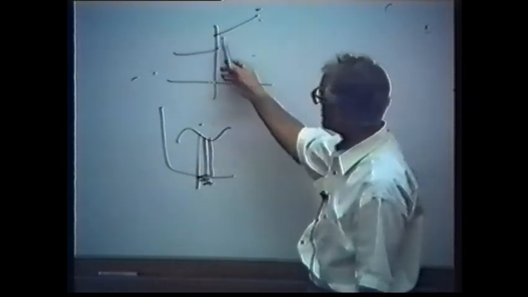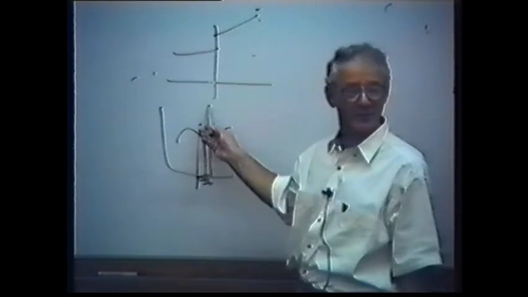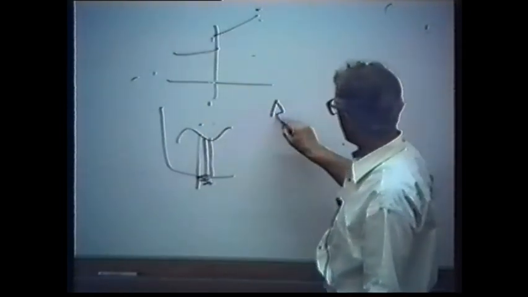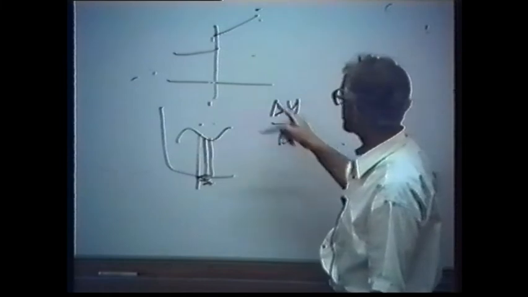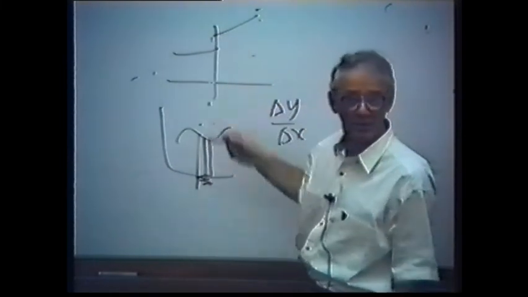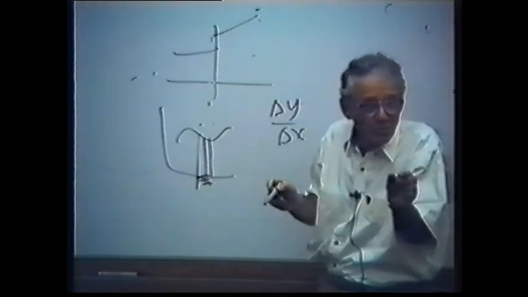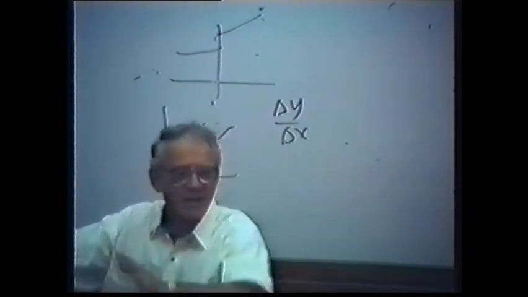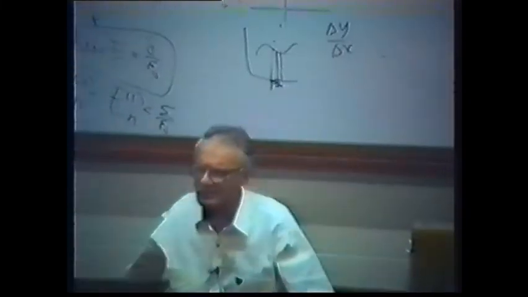So if the function is discontinuous here, what would happen? The difference in the numerator, delta y divided by delta x, is finite, but the denominator goes to 0. We are not talking about left or right derivative, so it's not defined.